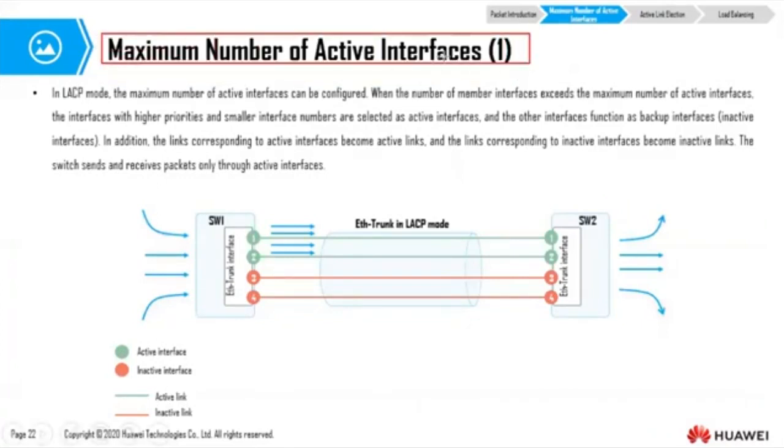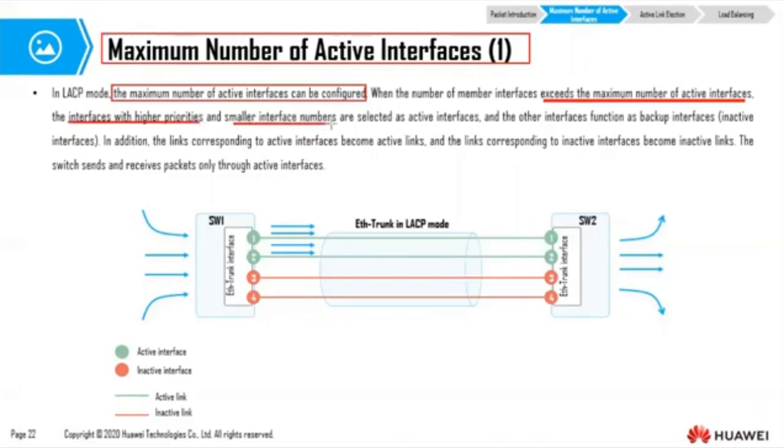Okay, so maximum number of active interfaces. It means just that, this value is configurable. So when the number of member interfaces exceeds the maximum number of active interfaces, interfaces with higher priorities, that is smaller interface numbers, are selected as active interfaces.